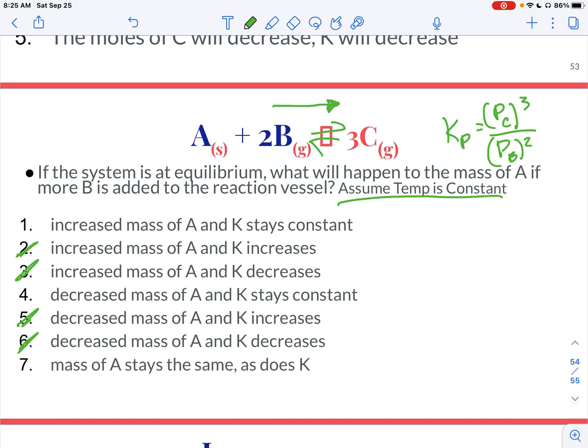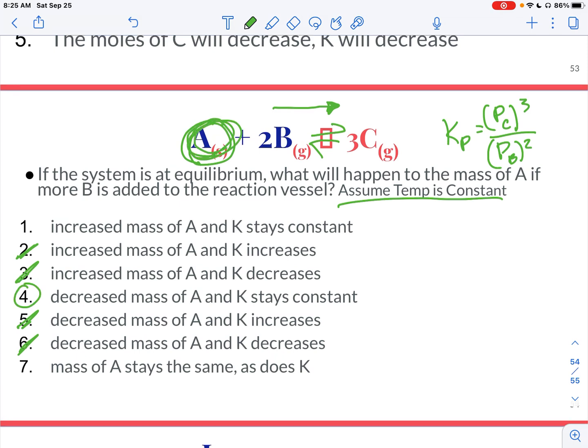In order for that to happen, we need to use up some A to combine with the extra B to form more C. Okay, so again, because B is a gas instead of a solid, we will end up shifting. So that means we're going to use up some A. So we go with number 4. Mass of A will decrease because we need to use some of it to get back to equilibrium. So when you add some of the solid, nothing changes, but when you add something else, the solid is affected.